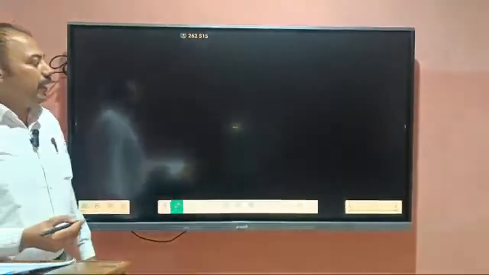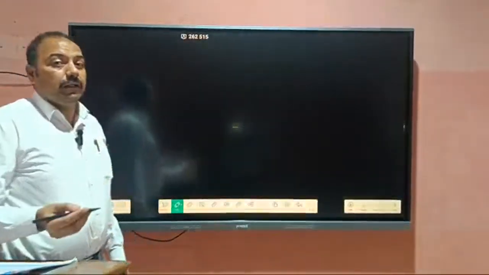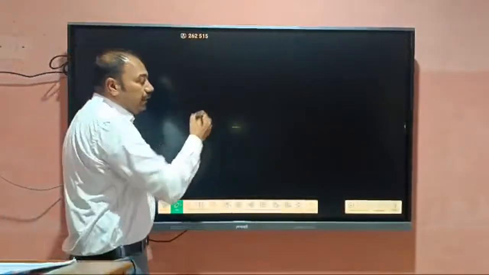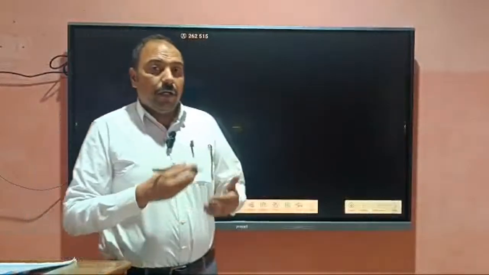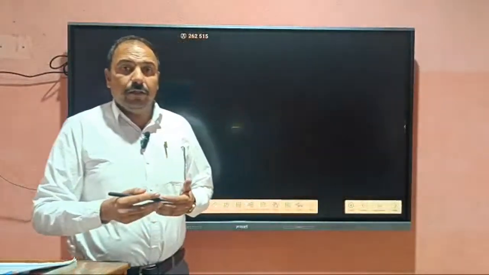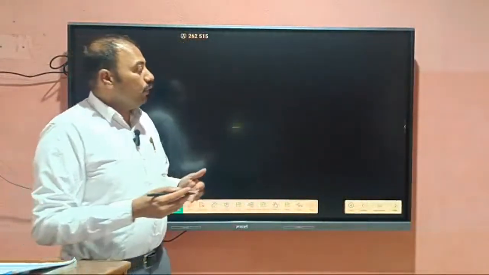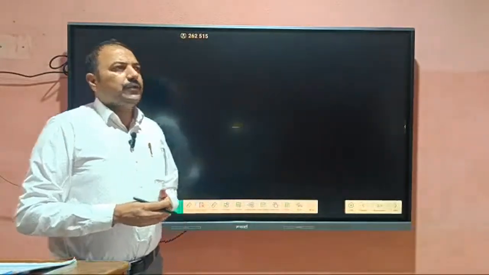So basically in the previous slide we explained electrical current and its property. So here basically resistance depends upon the arrangement of the atoms and length of the conductor and also area of the conductor and additionally temperature.